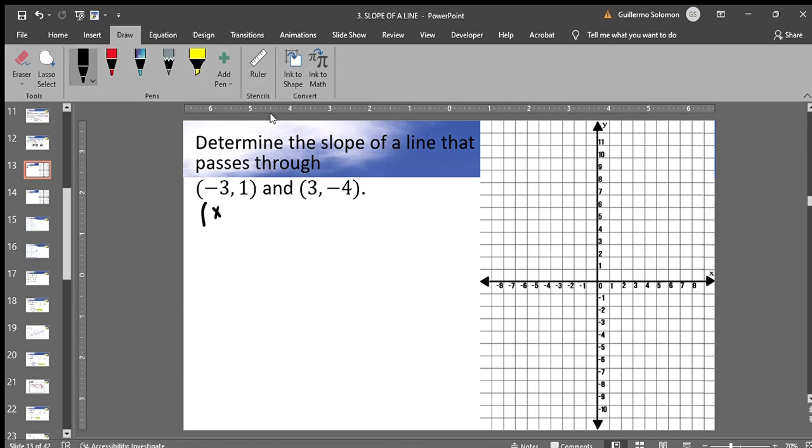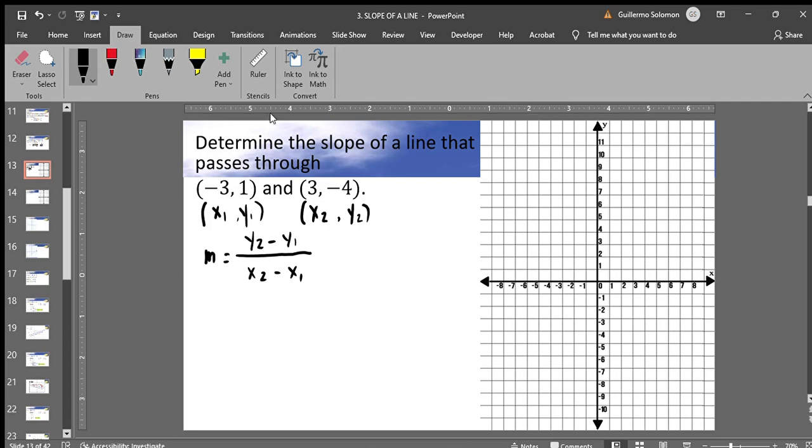This is our x sub 1 and this is our y sub 1, and then this is our x sub 2 and this is our y sub 2. Next, let us write our formula. Our formula for slope is m is equal to y sub 2 minus y sub 1 all over x sub 2 minus x sub 1.